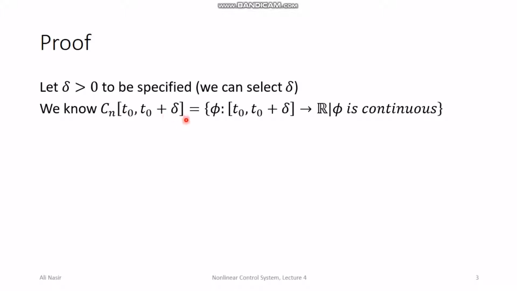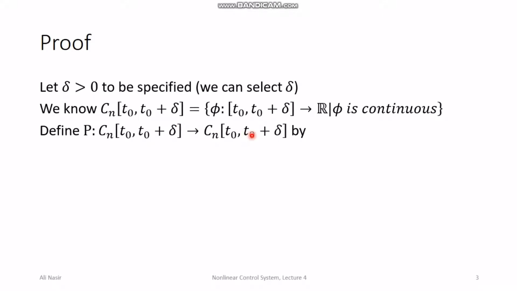So this is just a notation for continuous functions which are defined on this interval. We already know that the solution of a differential equation is going to be a continuous function, so that is why we are defining a new function P, which is a function of continuous functions to other continuous functions.